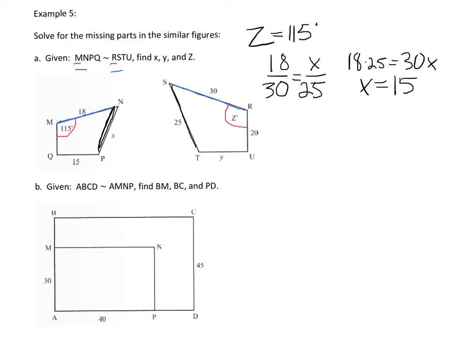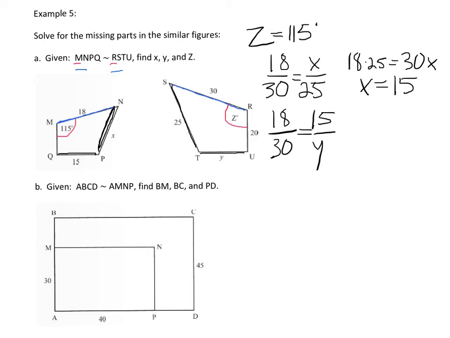But it's a similar thing. I'm going to use my 18 over 30 ratio again and set up my proportion. This time, I start with a smaller one. I know that QP is 15, and that should be proportionate to TU. Once again, I can check my letters in my similarity statement to make sure it lines up, and I see PQ and TU as the last two letters of each.